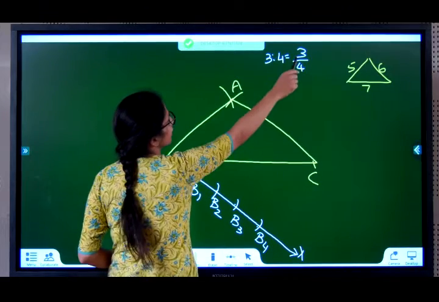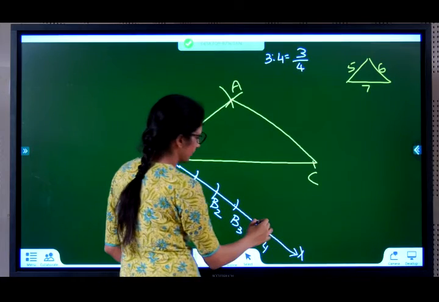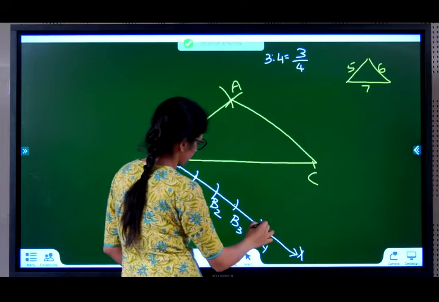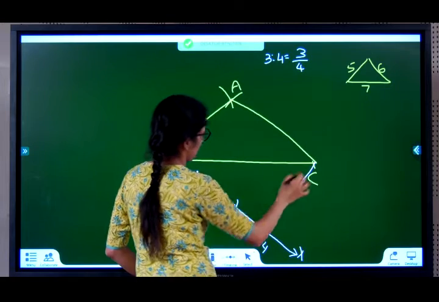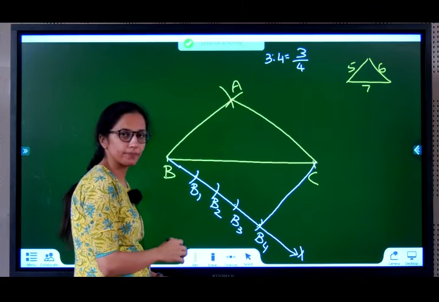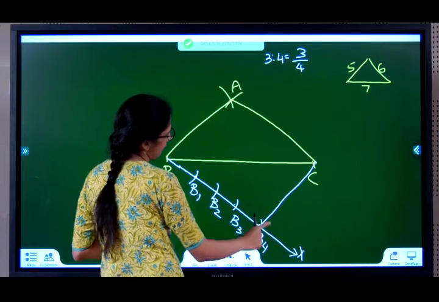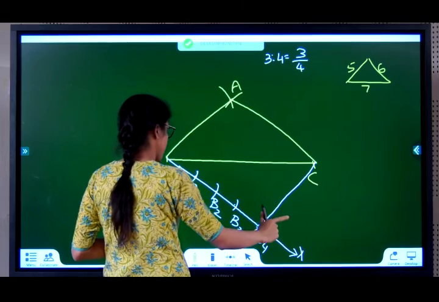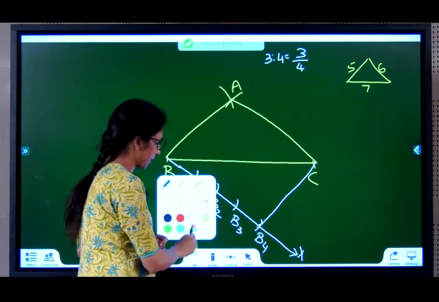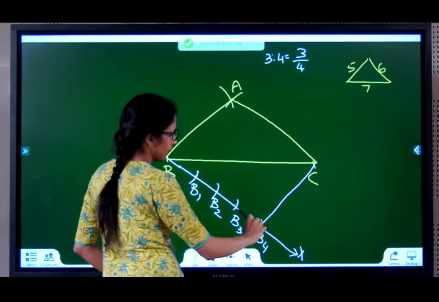Now, what is the denominator? 4. Join the 4th point to C. So I joined the 4th point to C. Join B4 to C. Now, construct the same angle over here at B4, at the 3rd point B3. How do we construct that angle?